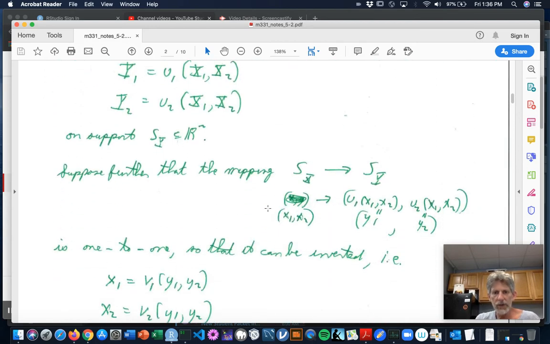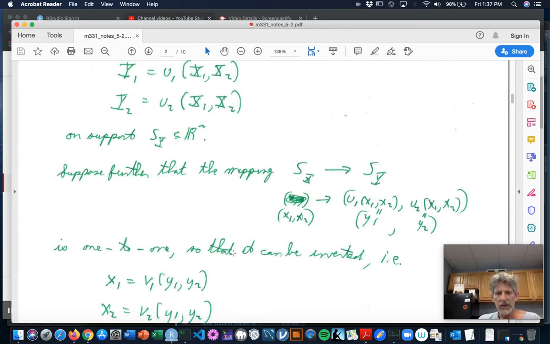But suppose that when you map from one support to the other, like you take your x1, x2, and you map to u1 of x1, x2, u2 of x1, x2, so you're mapping to your y1, y2, suppose that mapping between supports is 1 to 1. So that means no two x1, x2 points ever map onto the same y1, y2 point.